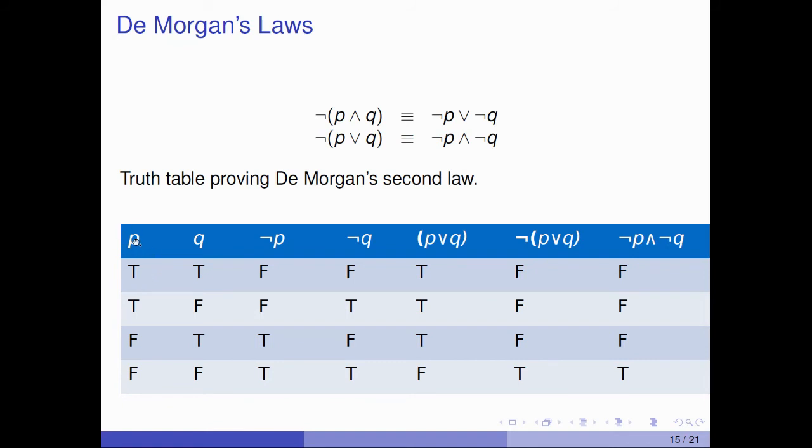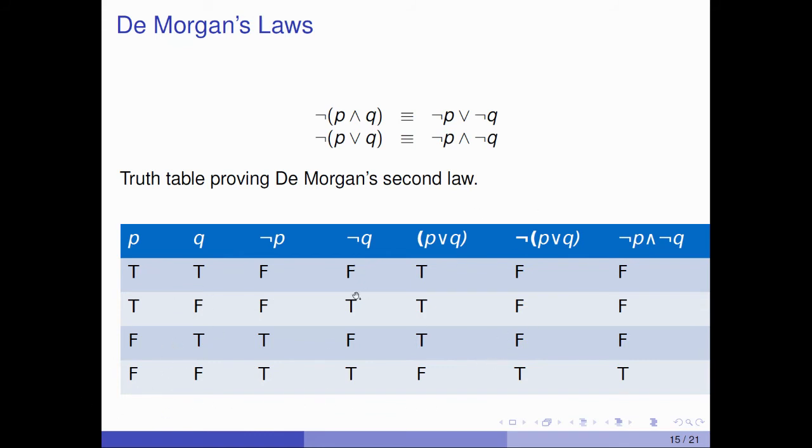For P, Q, R, you construct 4 T's then 4 F's for P, alternating 2 T's and 2 F's for Q, and then TFTF for R, considering 8 rows.